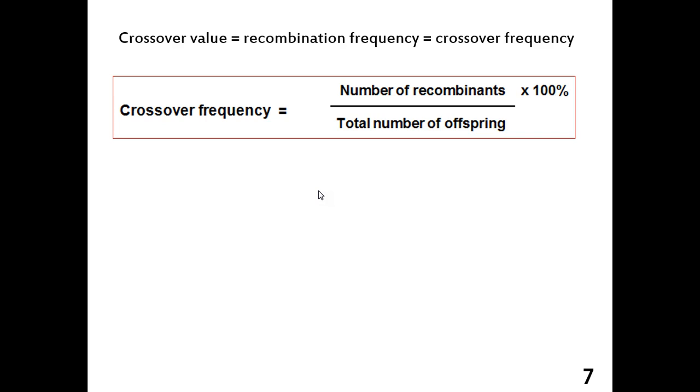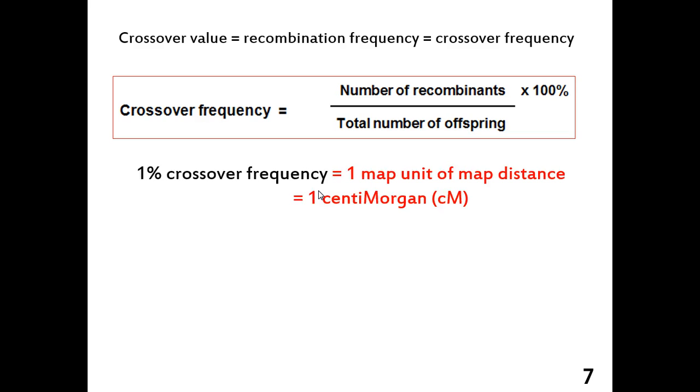Using this formula, the crossover frequency is equivalent to the number of recombinants over the total number of offspring, multiplied by 100%, and this gives the map unit distance between the two genes. Note the units used: 1% of crossover frequency represents 1 map unit of map distance, which is also represented by 1 centimorgan as the unit.